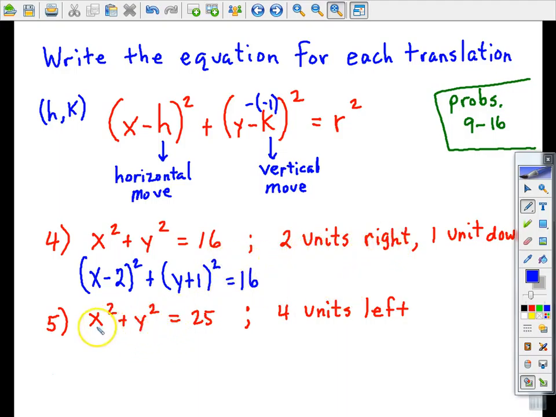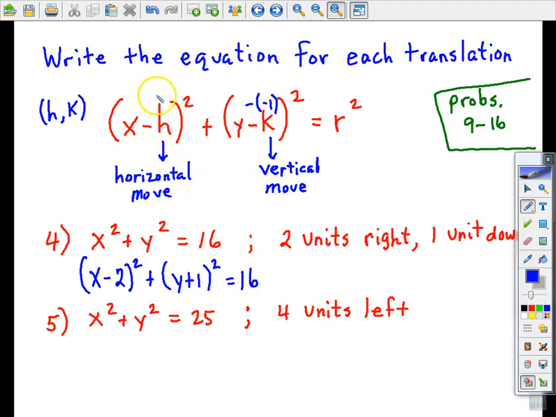All right, here's another circle, center at the origin. We're going to shift it 4 units left. Well, left obviously is a horizontal movement, and since we're going to the left, this should be -4 plugged in for h.